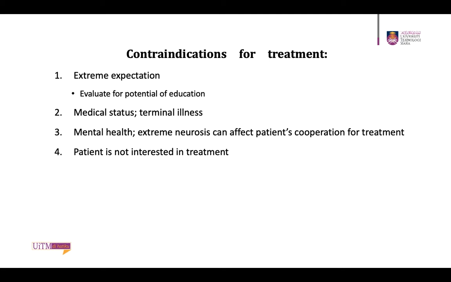Maybe some patients were brought to the clinic by their family members, and maybe their daughter or son insists that this patient receive a complete denture. But you know that the patient is happy with whatever they have now, and they don't want new complete dentures. These patients might not be cooperative, because they don't want it. They don't want to be in the process.